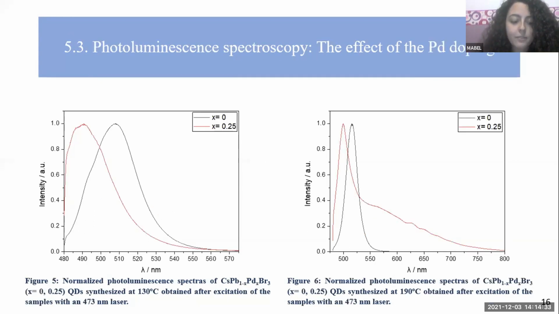If we compare the photoluminescence spectra of the doped and undoped samples at the same synthesis temperature and under the same excitation wavelength, meaning in this case 130 degrees and 190 degrees, and under excitation with the laser at 473 nanometers, we can see that the effect of palladium doping is a blue shift in the main emission band.